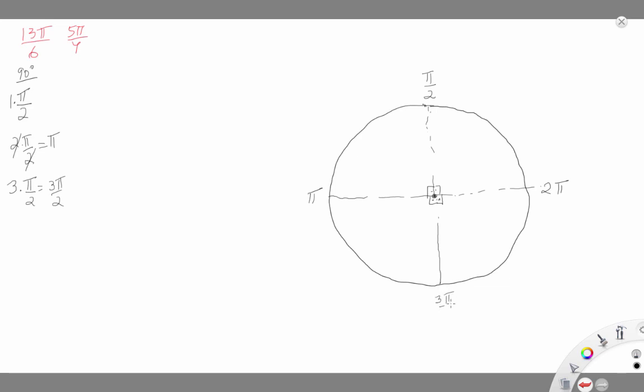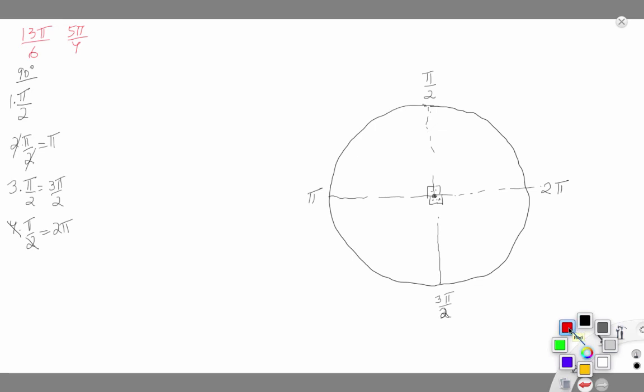If you convert it to degrees, you'll find out this is 270 degrees. Then I go another pi over 2. So here I had 3 times pi over 2, and here it's going to be 4 times pi over 2. But if I simplify this fraction, what I really get is 2 pi, which I already wrote in.